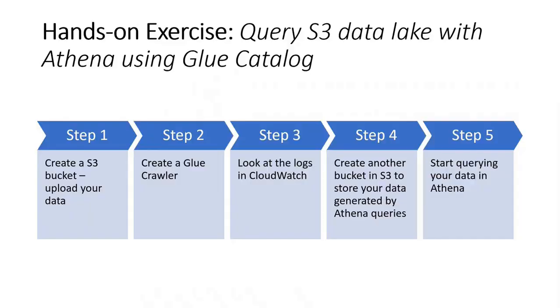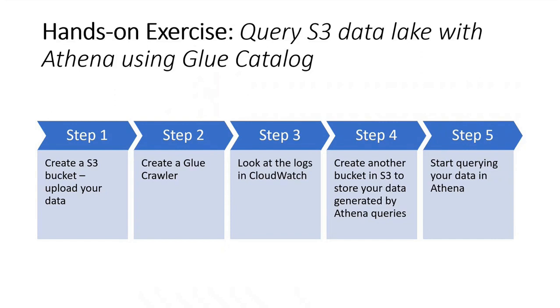So now let's jump onto the hands-on exercise. In this exercise, there are 5 steps, and they are pretty basic. In the first step, we will see how we can create an S3 bucket, and we will upload our data. We'll upload a CSV file, which we will download. Step two is we'll create a Glue crawler.